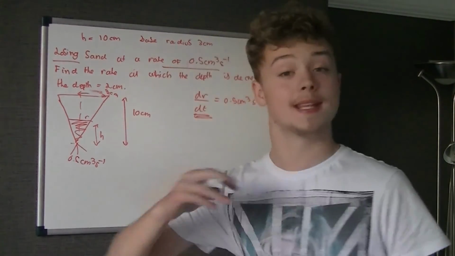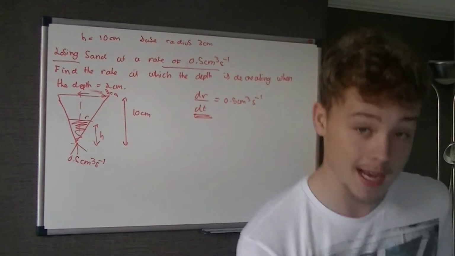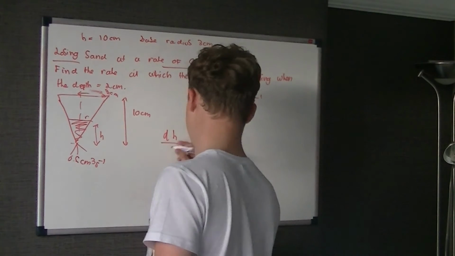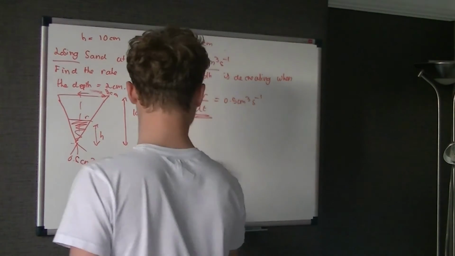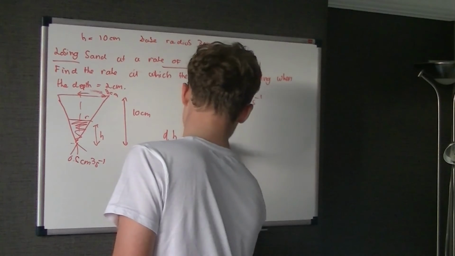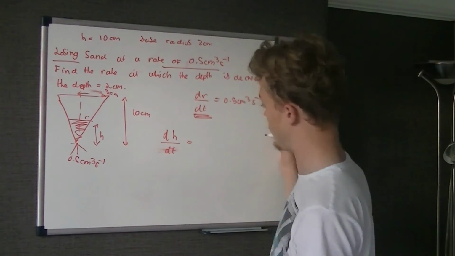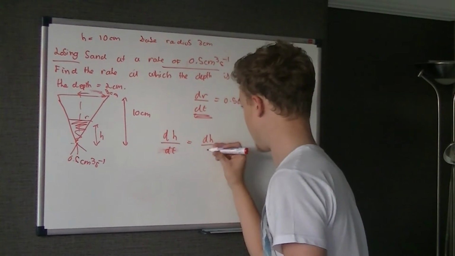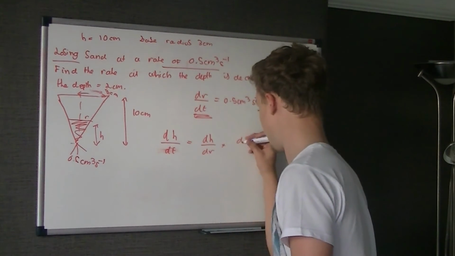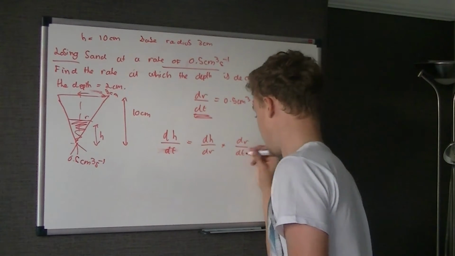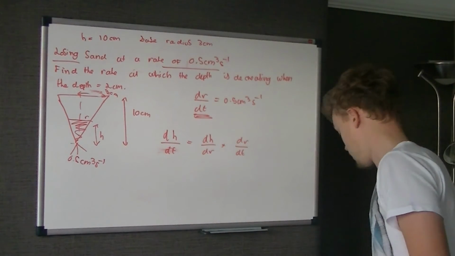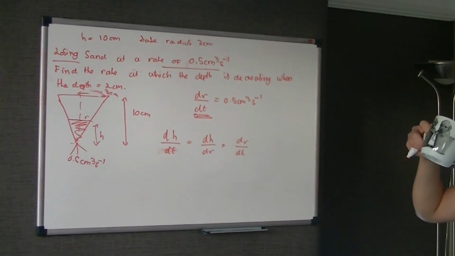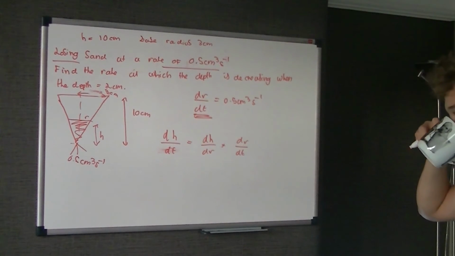Now this height is the depth, so it's going to be dh by dt, which is going to equal dh by dv times dv by dt, so the dv's will be cancelled, which you should know.